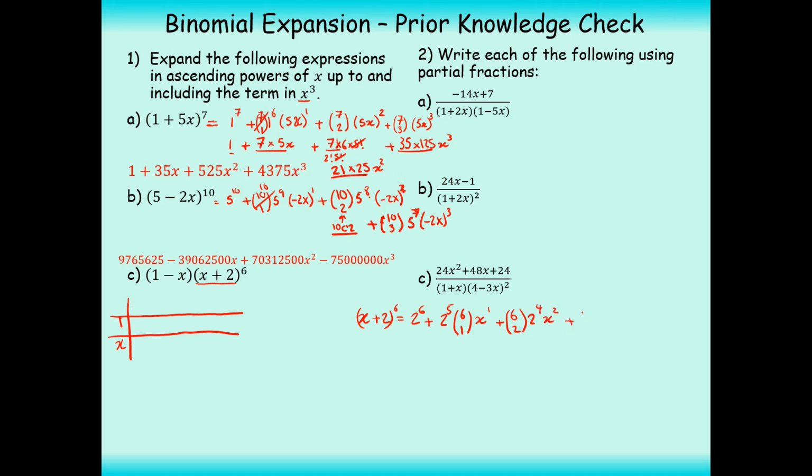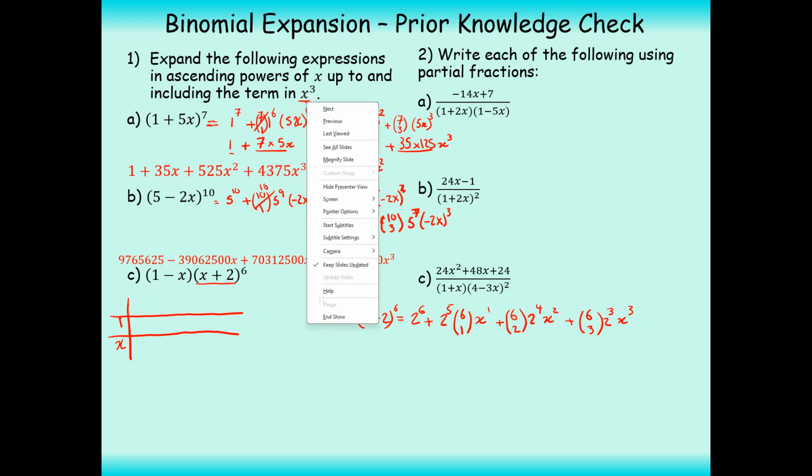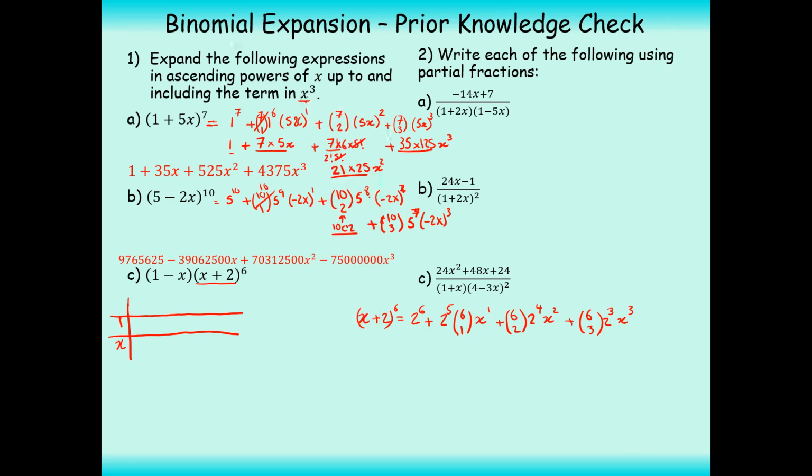And finally, 6 choose 3, 2 raised to the power of 3, x raised to the power of 3. Because we want to go up to x cubed, we don't need to write any other terms.